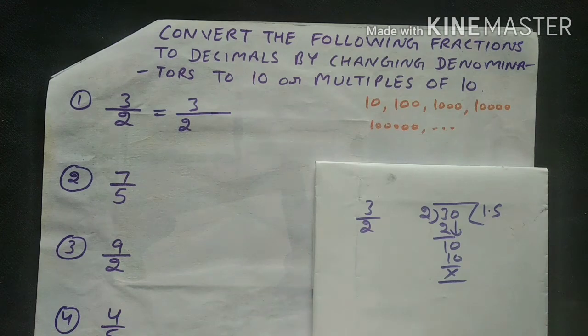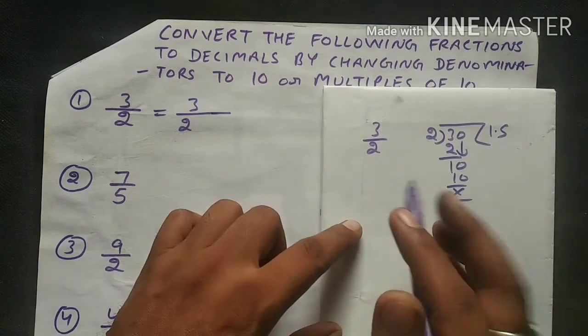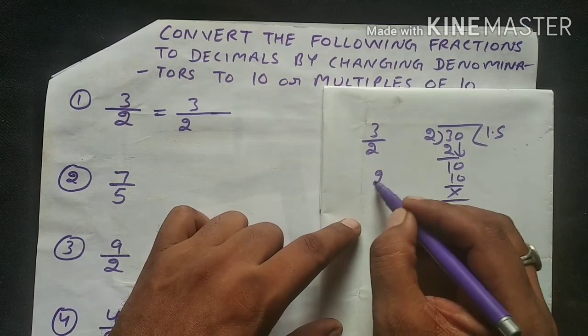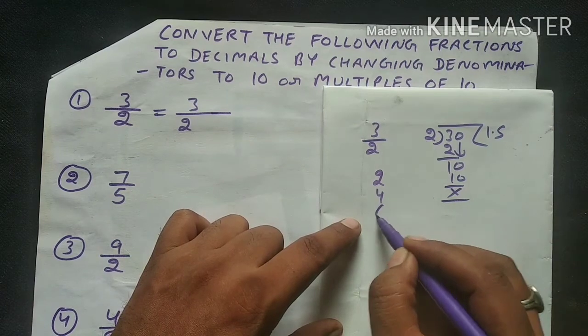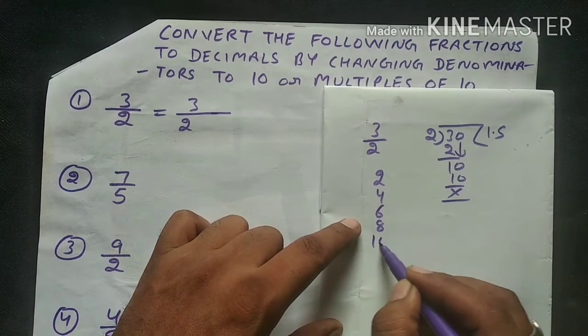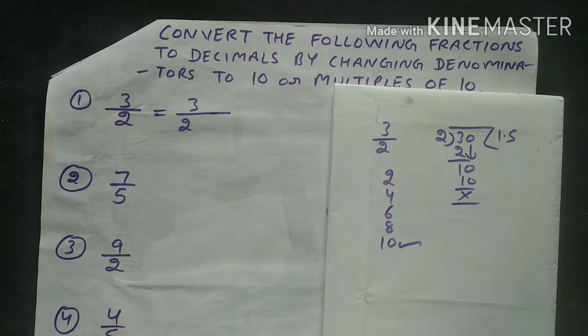There are two ways for this type of solution. The first way is to count the table of 2. 2 1s are 2, 2 2s are 4, 2 3s are 6, 2 4s are 8, 2 5s are 10. Here you get the 10, at the 5th place. So if you multiply 2 by 5, you will get 10.